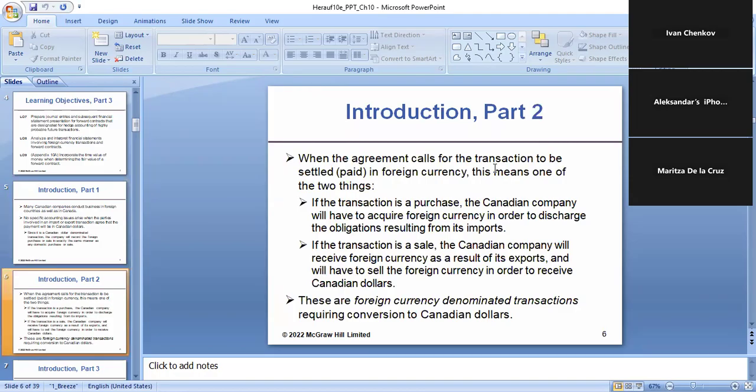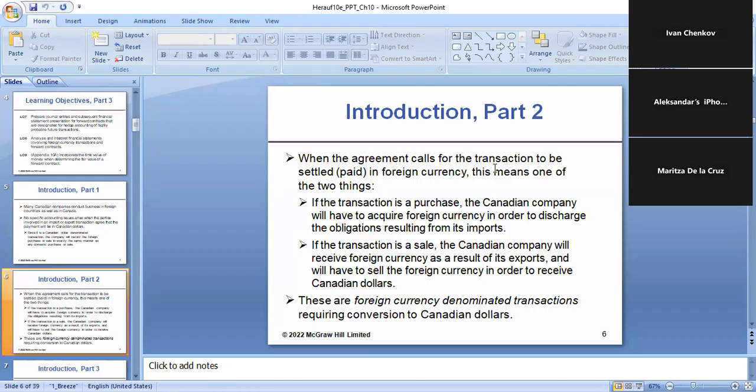When the agreement calls for the transaction to be settled in foreign currency, we can have two things. If the transaction is a purchase, then the Canadian company has to acquire foreign currency in order to pay for the purchase. And if the transaction is a sale, then the Canadian company has to sell the foreign currency in order to convert it to Canadian dollars.